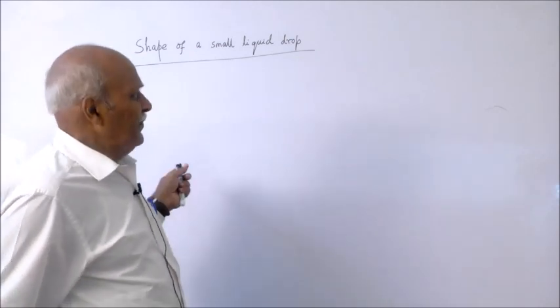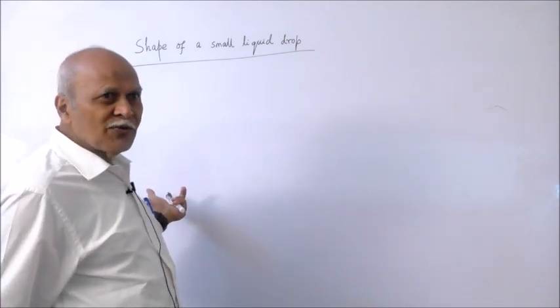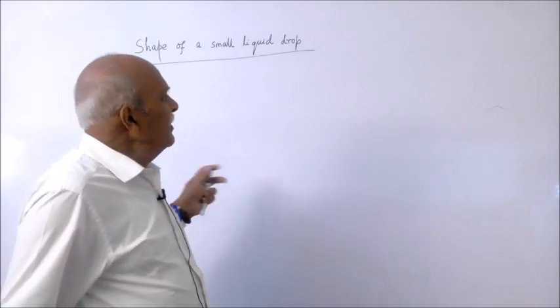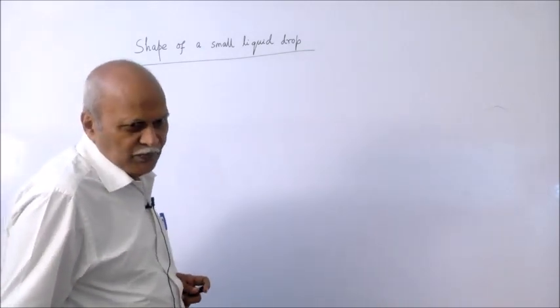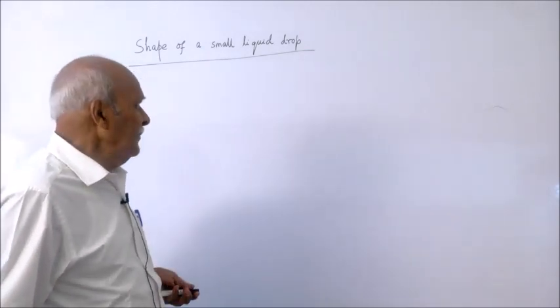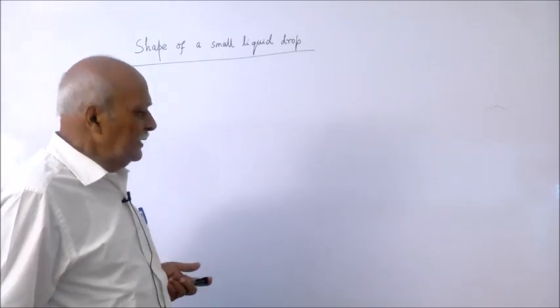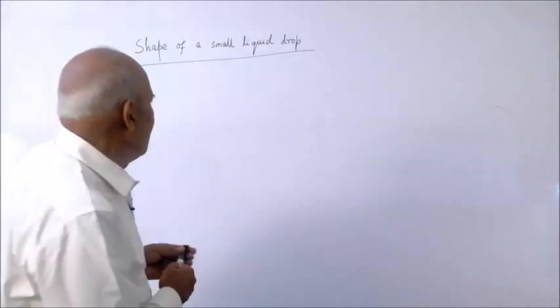Then the question is, why is it happening? Small drops are spherical, but bigger drops are not so. The explanation can be done with the help of surface tension.